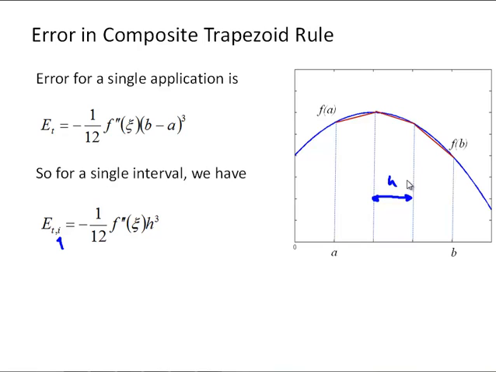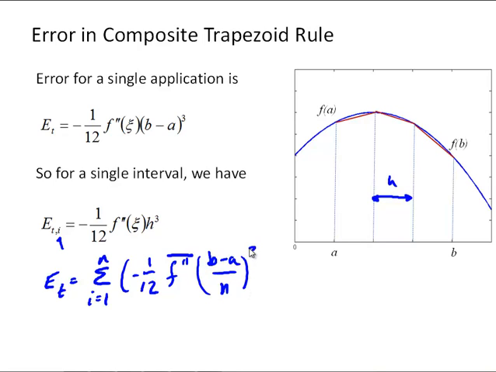So to get the total error, Et, we're going to sum this over n intervals, and what I'm going to do is just call this an average value of that second derivative, and h again is going to be b minus a over n, cubed.